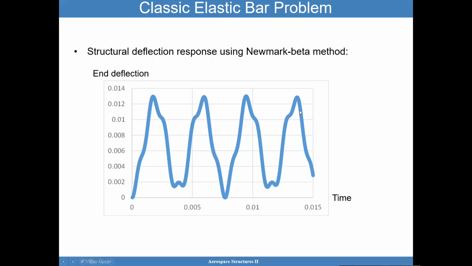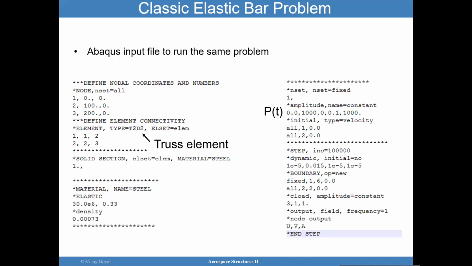So clearly it's a periodic response due to this instant force that's applied and kept constant, and there's no damping, so it's going to continue oscillating forever. Note that if you apply damping, it's going to die out potentially.